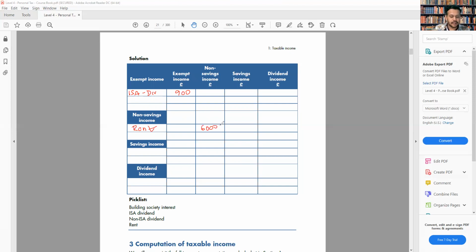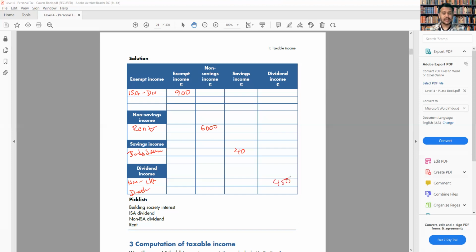And we have savings income, that is building society interest, and this is our 40 pounds. Finally, you have the non-ISA dividend. Non-ISA is a dividend, and that is 450.